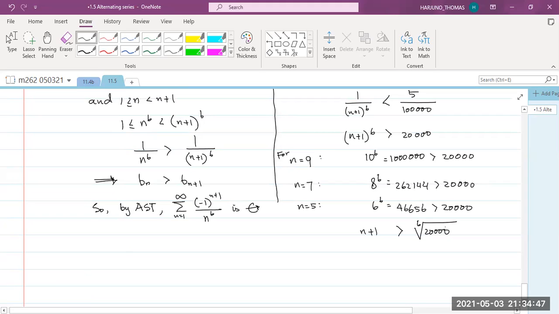So 20,000 to the power of 1 over 6. That's 5 something. So n has to be greater than 4.21 something. So we can use n equals 5. Use n equals 5 to be enough.